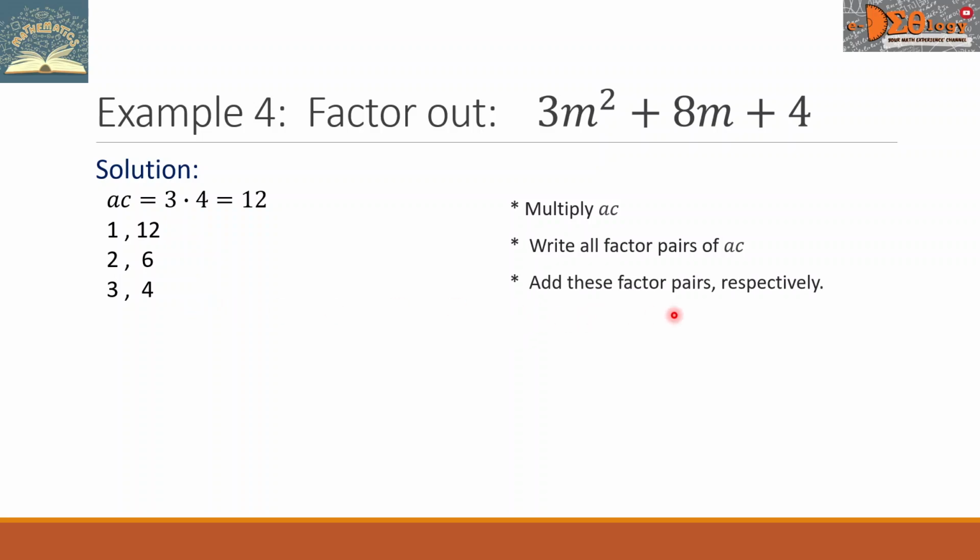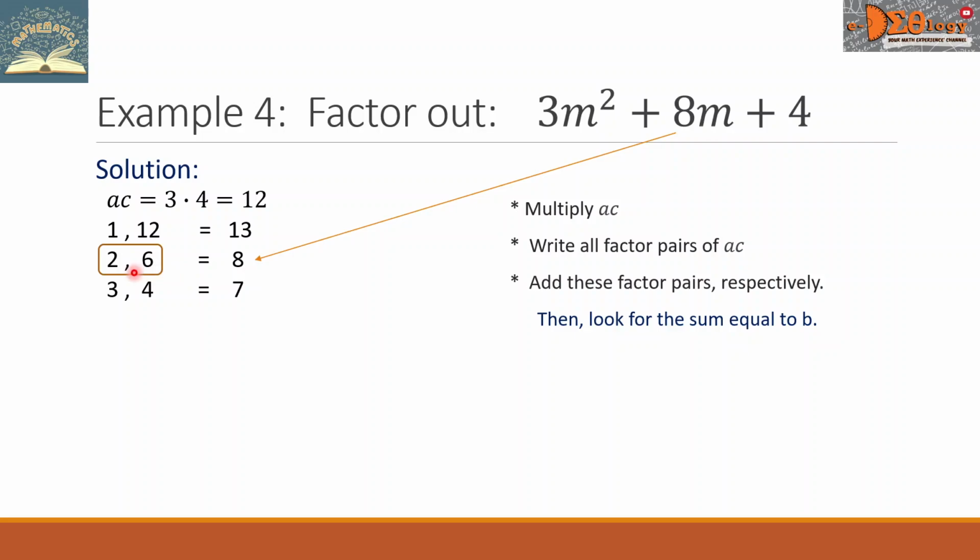Then we add these factor pairs respectively. So 1 and 12 is 13, 2 plus 6 is 8, 3 plus 4 is 7. Next, we look for the sum equal to b. Our b here is the positive 8, the coefficient of the middle term, and it is here.